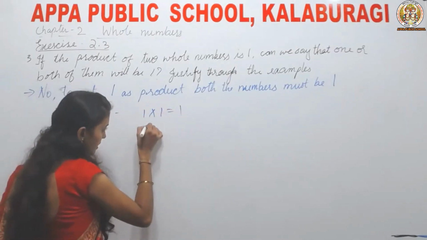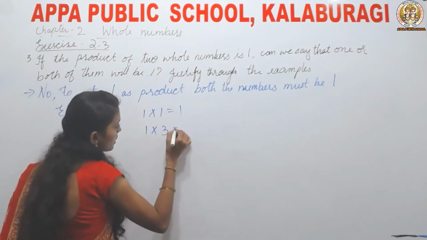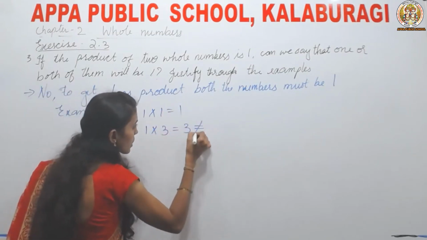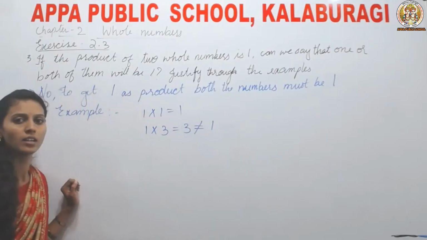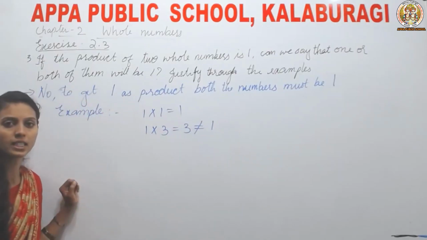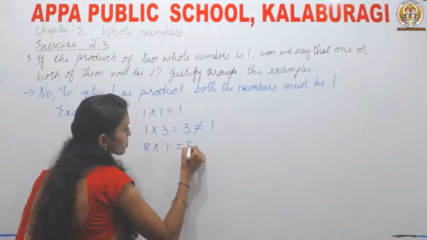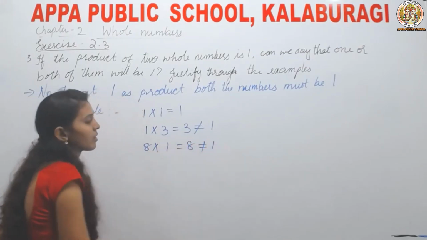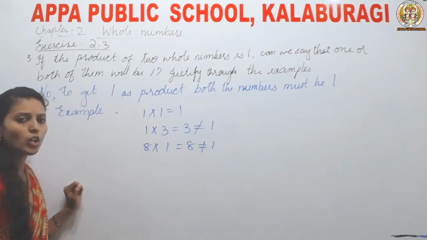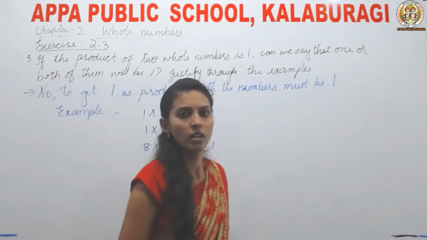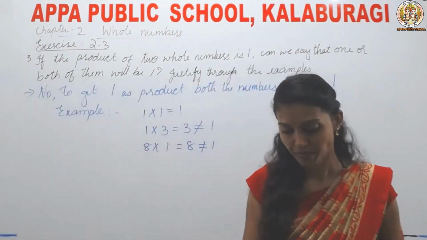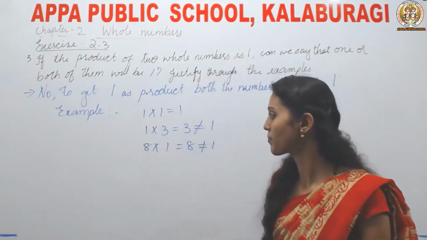If we take another number, 1 into 3 equals 3. This is not equal to 1. If you take any other also, that is also not equal to 1. But you can give your own example, no problem. Understood? Fine. Shall we go for the next bit?